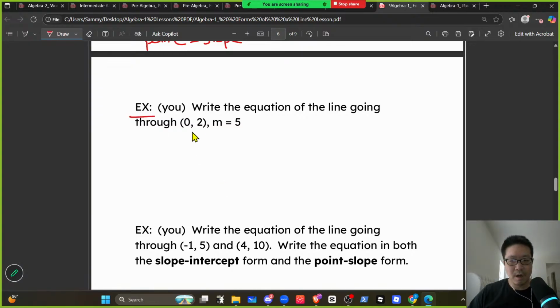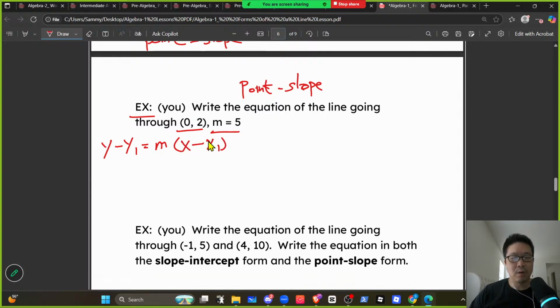It says, write the equation of the line going through the point (0, 2) and m equals 5. And let me know when you're done. Sorry, I didn't specify. Write the equation in point slope form. Can you write the formula down? Yeah, it's y minus y sub 1 equals m times the quantity of x minus x sub 1, where you're given a point of x sub 1 and y sub 1.